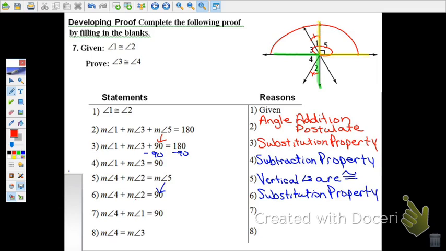We changed from angle 2 to angle 1. How can we do that? Because 2 and 1 are the same. Up in statement 1, we said angles 1 and 2 are congruent. So when we come down here, we are making a substitution.